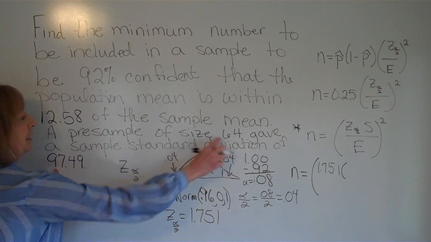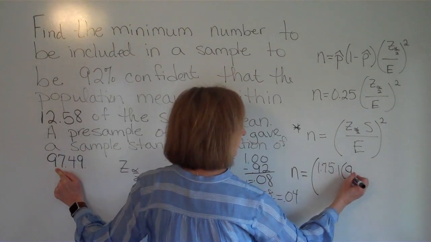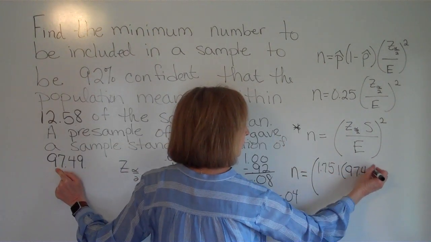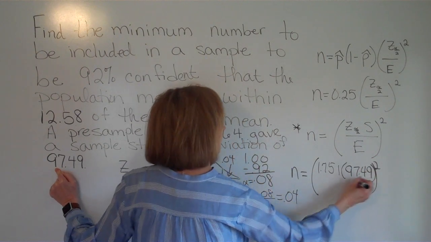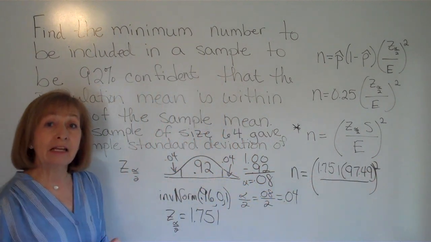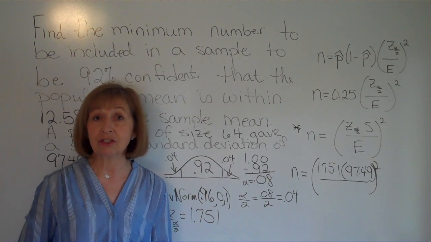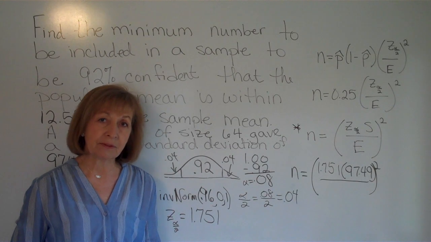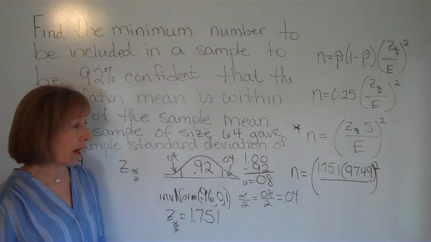So that's your standard deviation. So that goes where S is. And then if you happen to have the population standard deviation given to you instead of the sample standard deviation, it's fine to use that in the S slot as well.